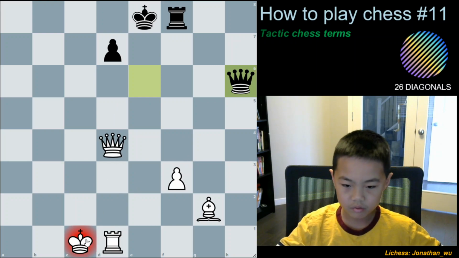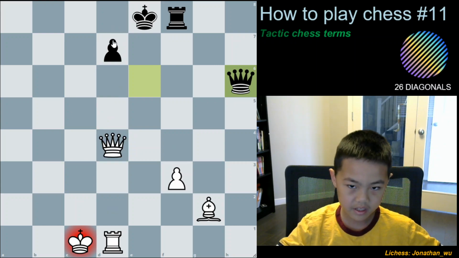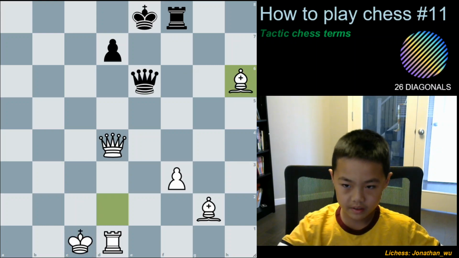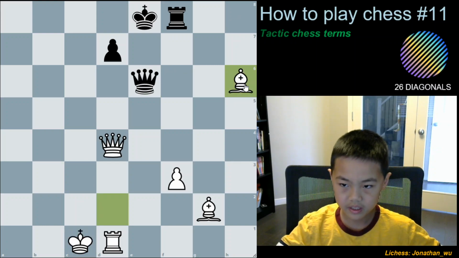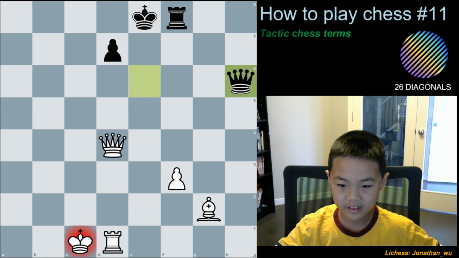So imagine this wasn't actually a check, and then white would take on this piece, and then it would be checkmate. That is why the queen cannot take this. So, I'm just saying ignore that check.